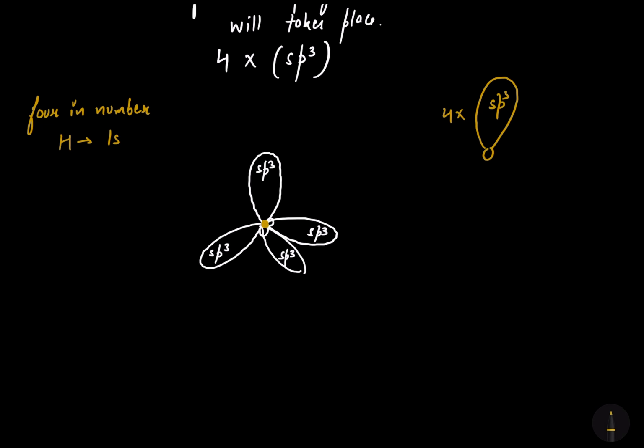Just imagine it: the 1s of hydrogen overlaps with sp3 of carbon, and the same happens at each of the four positions. So that's exactly the structure of CH4, the orbital diagram of CH4.